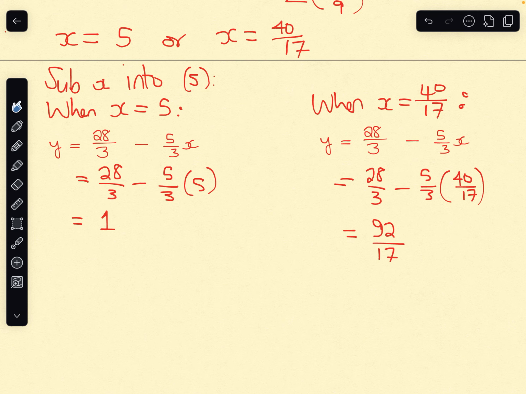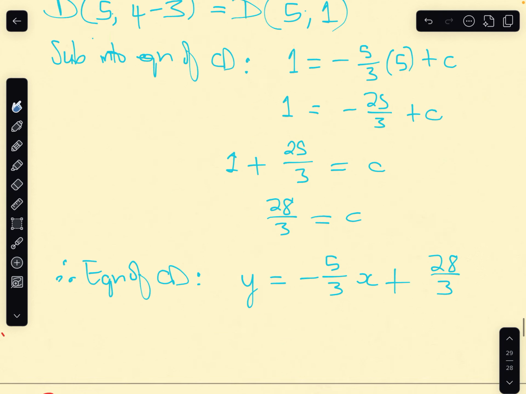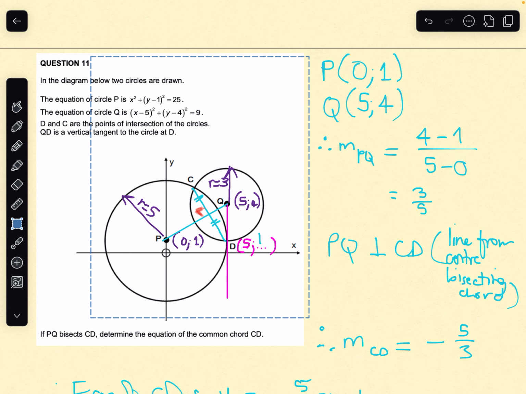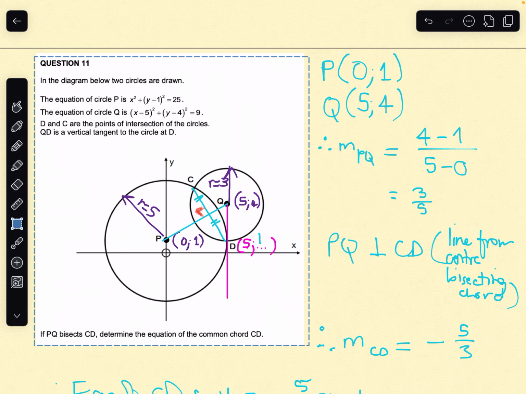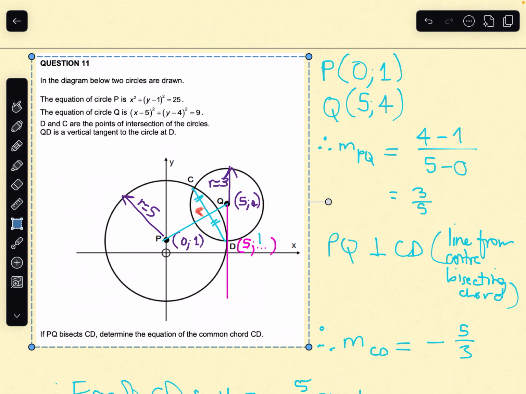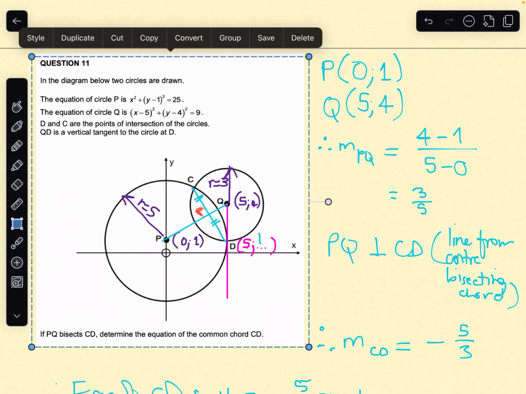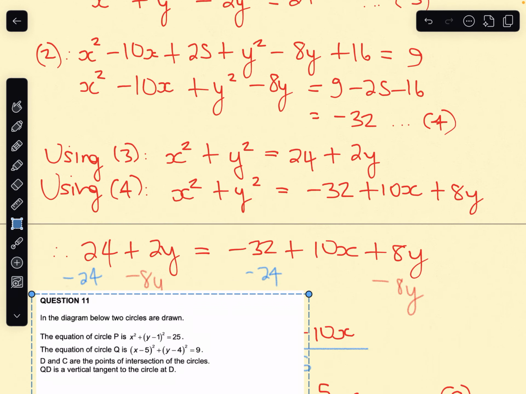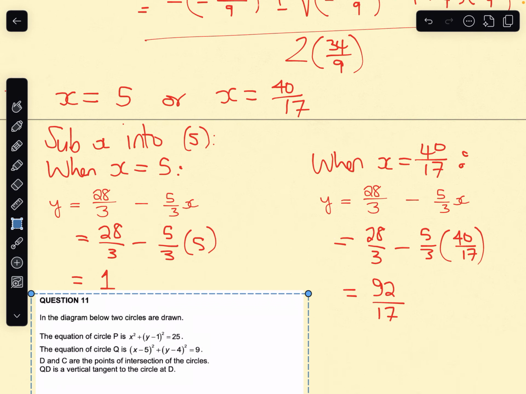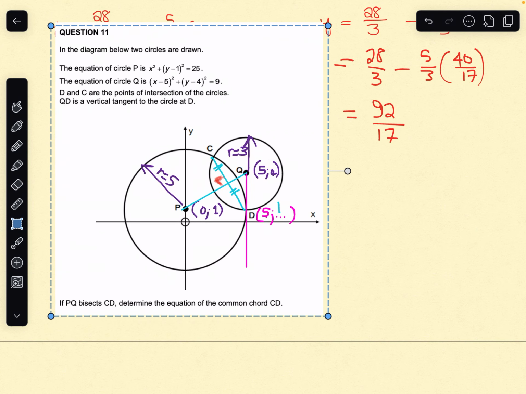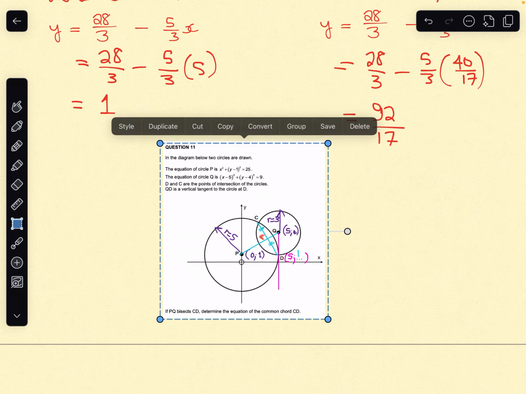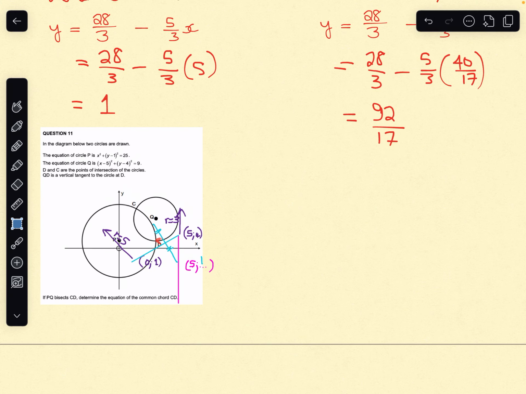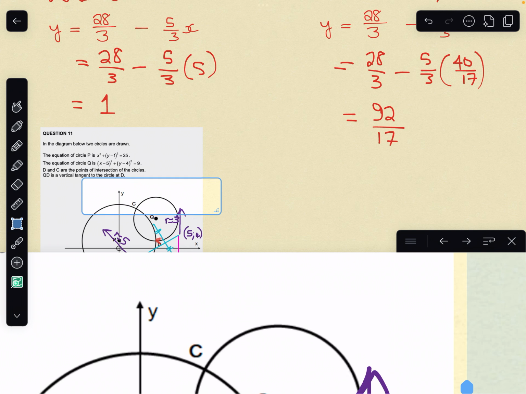if I were to just bring my diagram here, what this is telling us is that, let's bring out my zoom tool.